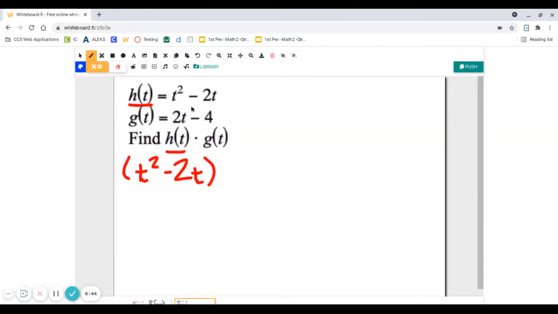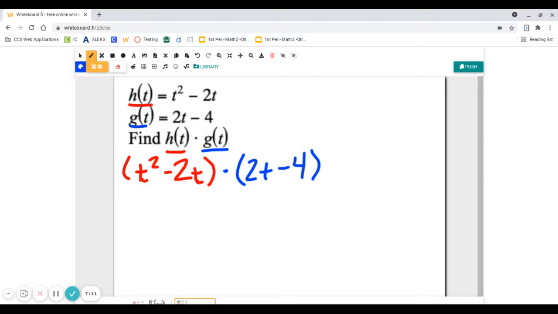And we are multiplying that by g of t, which is 2t minus 4. So I'm going to make sure that both red terms, t squared and negative 2t, get multiplied by both blue terms, which is 2t and negative 4.